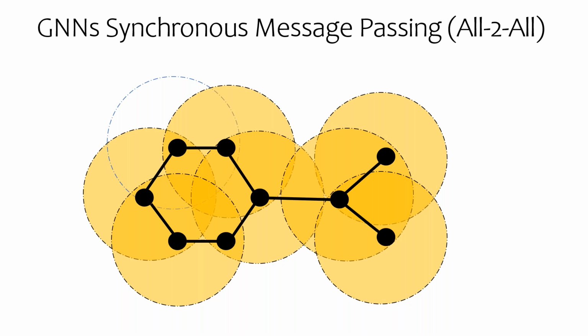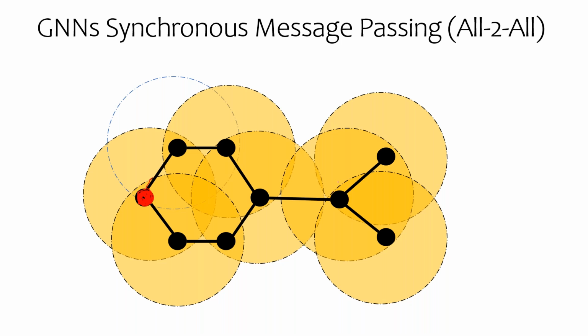Then what happens in GNNs is synchronous message passing, right? Let's say we have a particular node here, and it understands its neighboring nodes and passes the message to them. Then the neighboring node also passes it to other nodes, and so on.